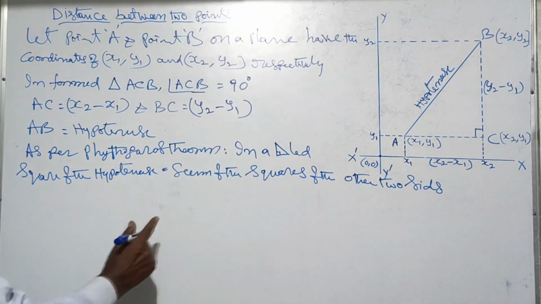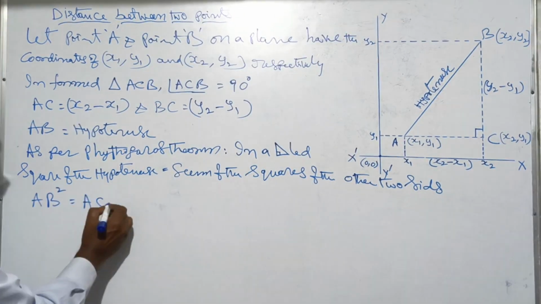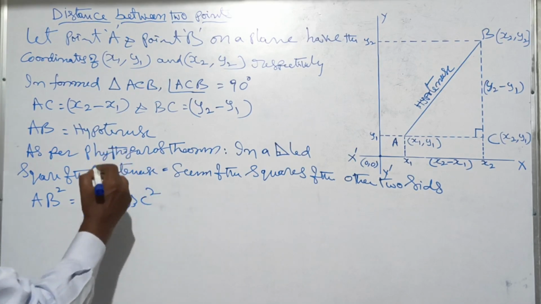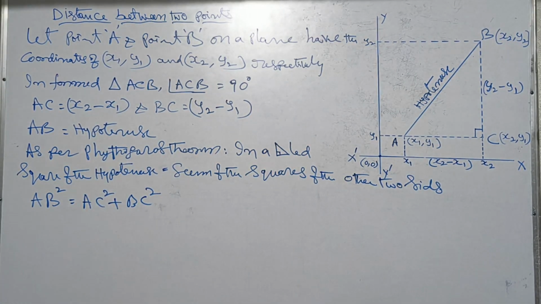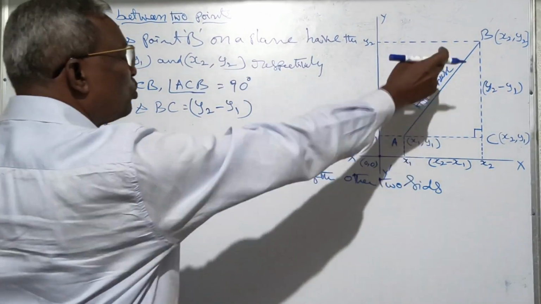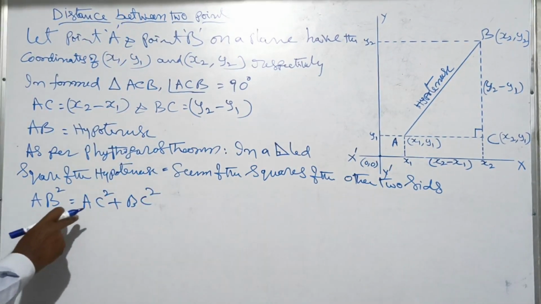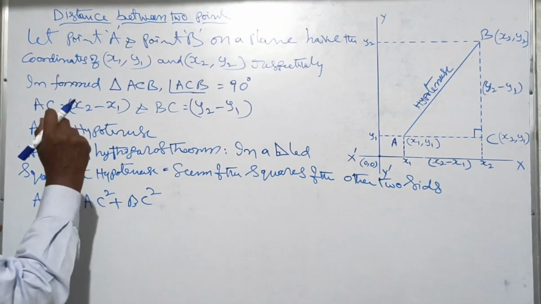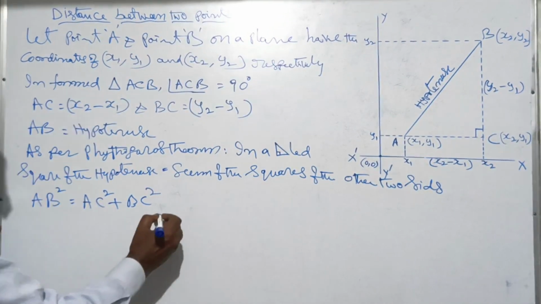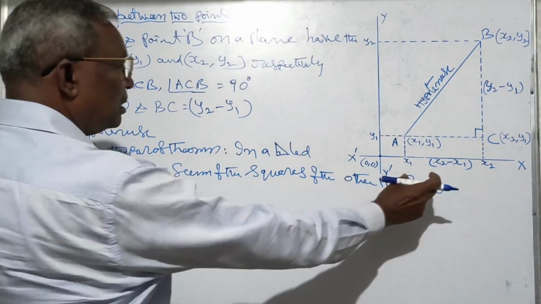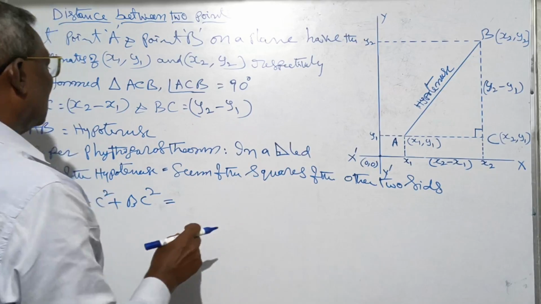So AB square is equal to AC square plus BC square. Here, the distance between 2 points is AB. So AB square is equal to AC square plus BC square. What is AC? x2 minus x1.